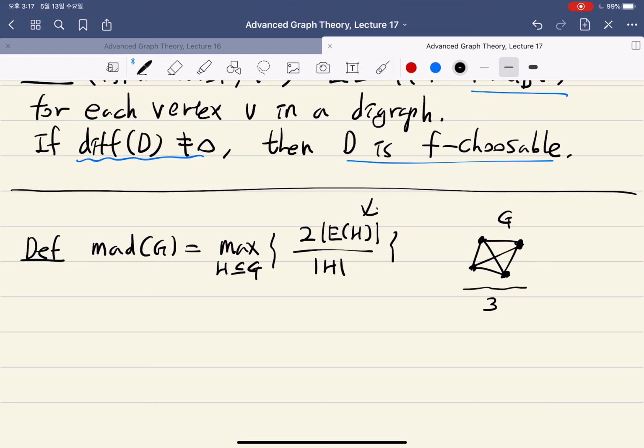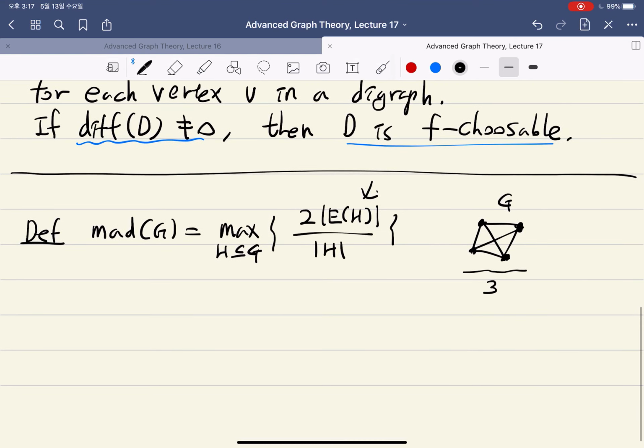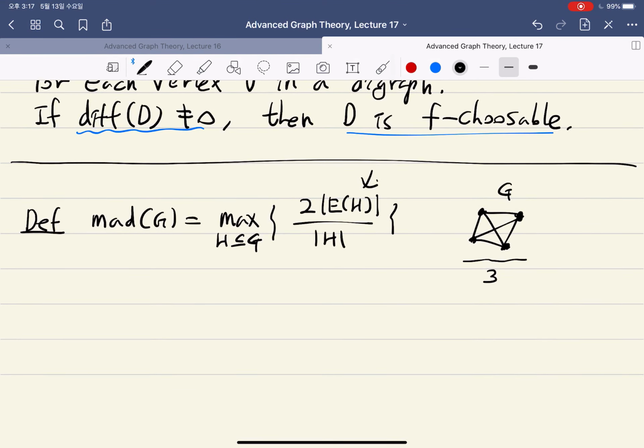But in many problems like graph coloring, if we add some more isolated vertices, then the chromatic number doesn't go down.